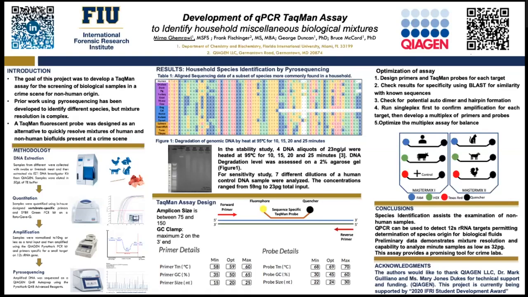I have to make sure that where I am designing that probe, there are no polymorphisms or differences on that specific target between different cats, because it might work for one cat and not the other, and this will not make my assay efficient. But it's good to have differences between species in this context. If I have differences between human and cat, and I'm designing based just off of the cat, then it would be specific for my cat. So that's another thing, to make sure that your probe is specific for the species of interest.